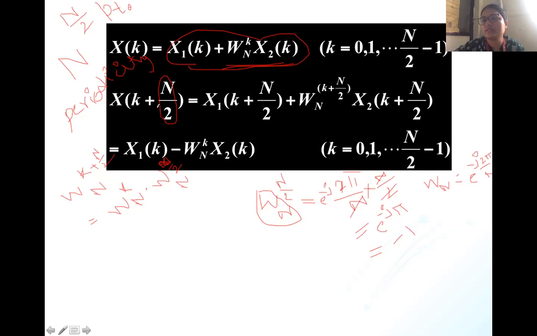So we have calculated the DFT for half points, but we cannot forget about the remaining half points. Those remaining half points will be calculated by applying the subtraction operation, using this formula: X1 of k minus W raised to k suffix N into X2 of k. With this we can now implement a butterfly structure.